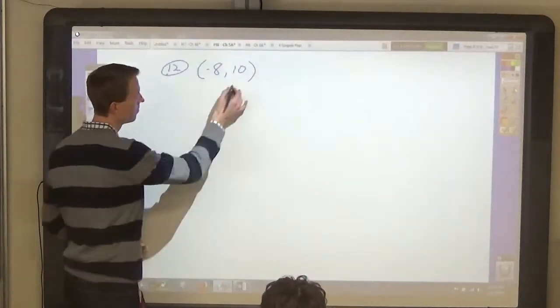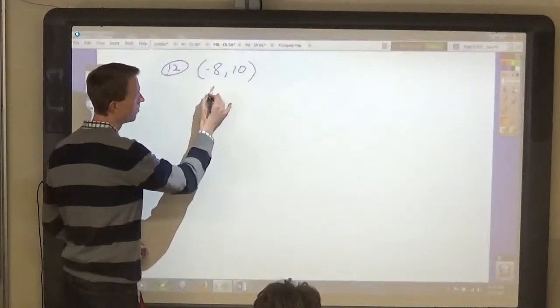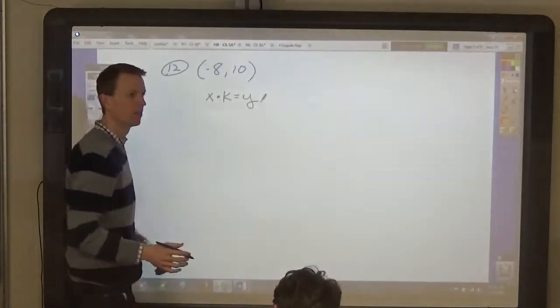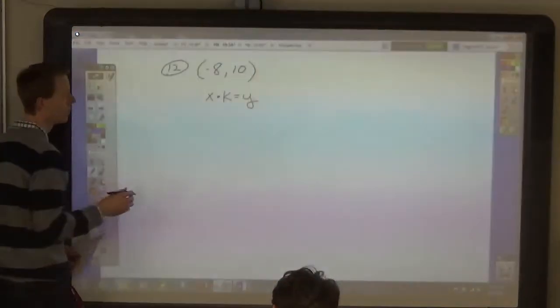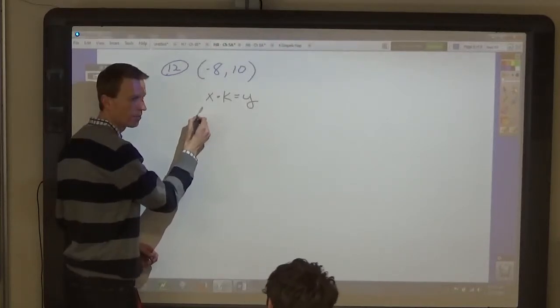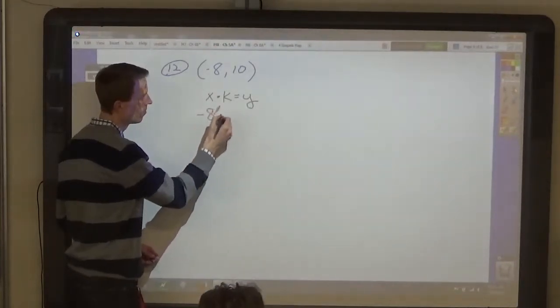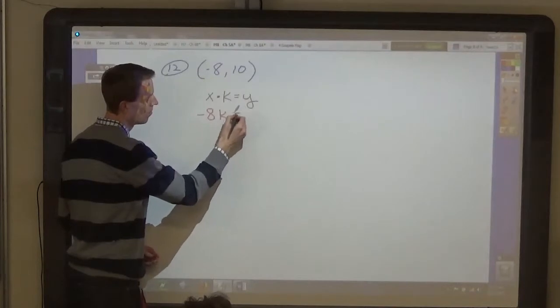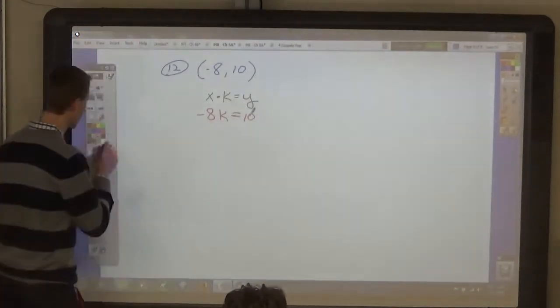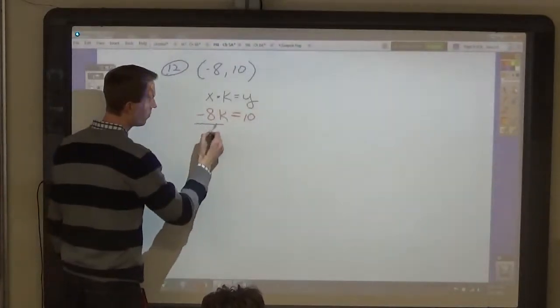So x times k equals y. First, you put the numbers in. -8 times k equals 10. Now divide by -8 on both sides.